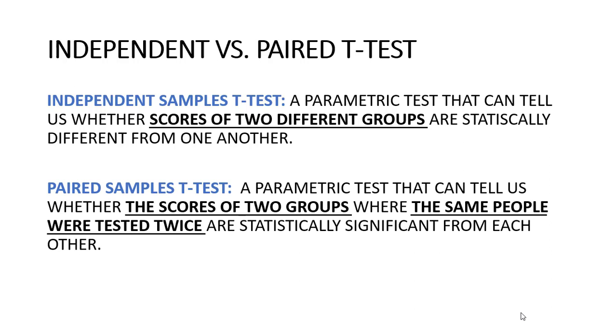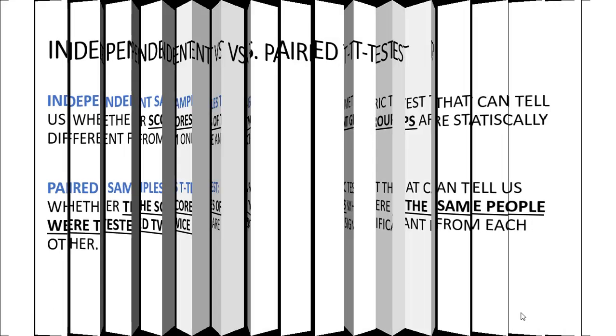A paired samples t-test is a parametric test that can tell us whether the scores of two groups where the same people were tested twice are statistically significantly different from each other. So basically, we have an experiment, and we gather data from a group, and we have two different measures, and we compare those two measures. That's where we would do a paired samples t-test.